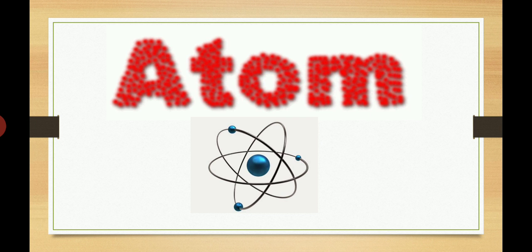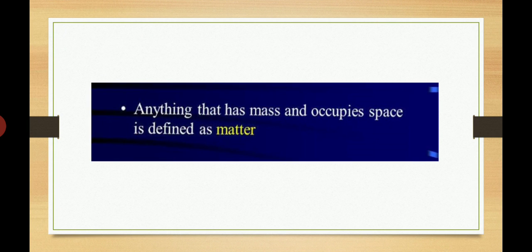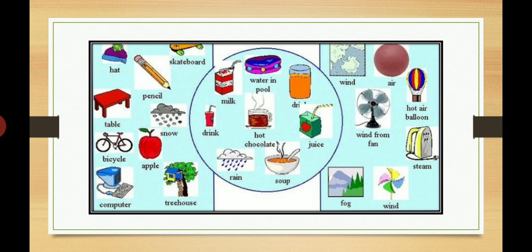Before knowing about the atom, we first need to know what matter is. Matter is anything that occupies space and has mass, right? For example, a hat, a pencil, a table, a bicycle, an apple, they all occupy space and have mass.